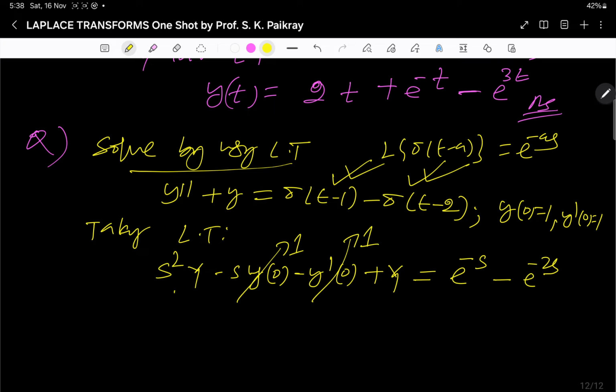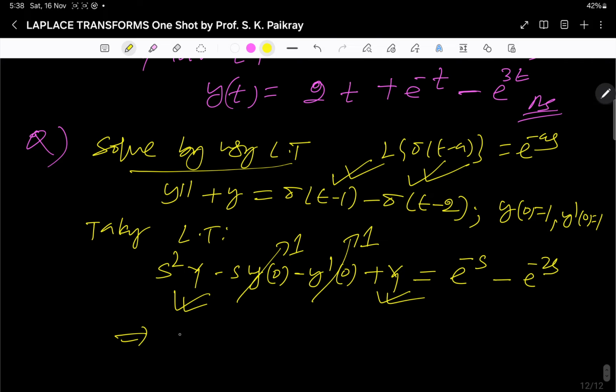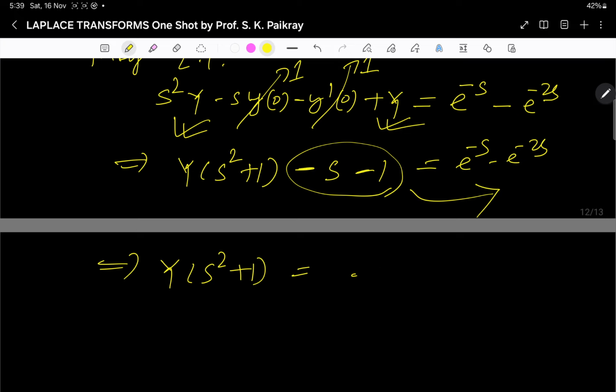So now these taken together, this implies y into s square plus 1 minus s minus 1 is e to the power minus s minus e to the power minus 2s. Now bringing this to the right hand side, y into s square plus 1 is equal to e to the power minus s minus e to the power minus 2s plus s plus 1.